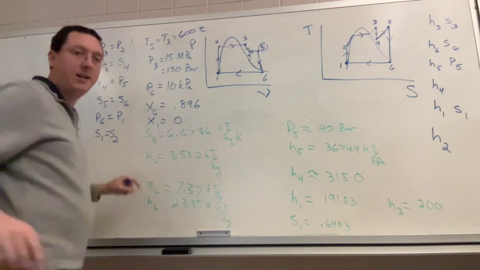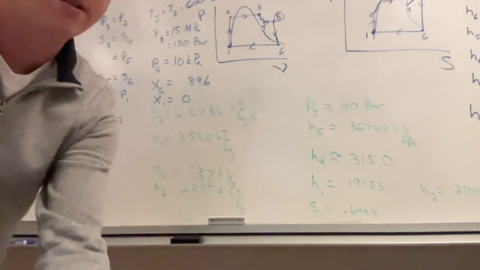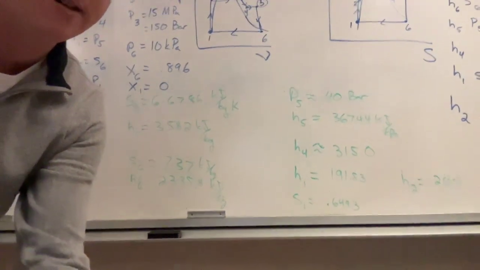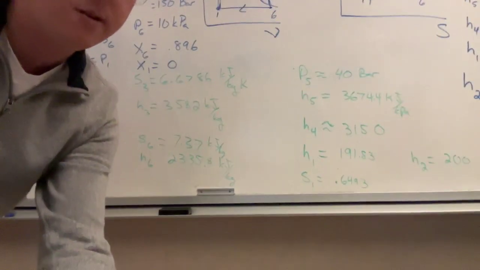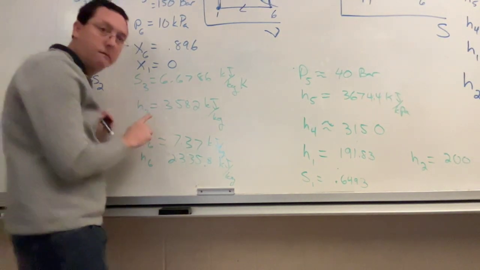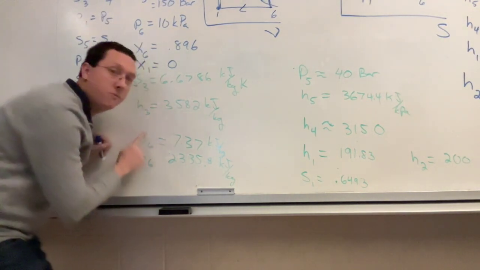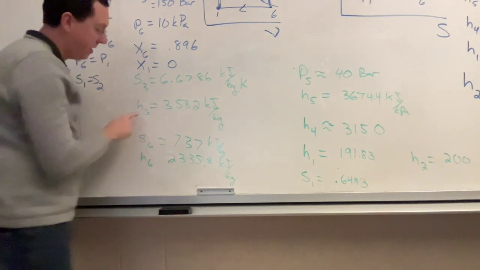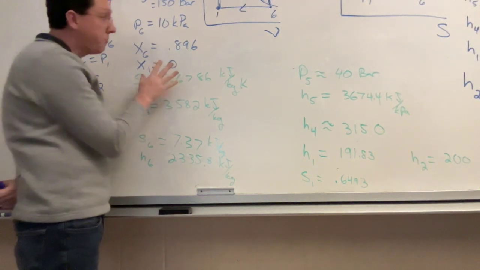Sorry for using green. Let's see if I can bring this a little closer. That's better. I don't want my computer to fall, but maybe it'd be a little better to read. All right, so those are my numbers for state 3.